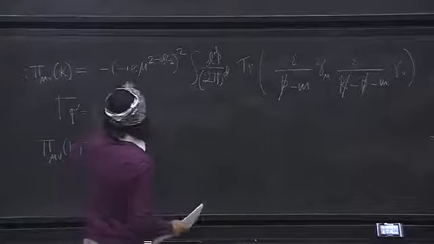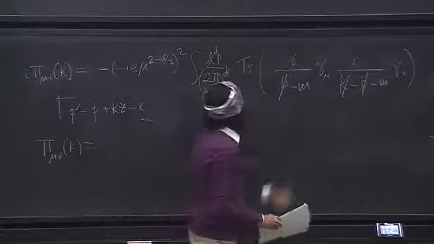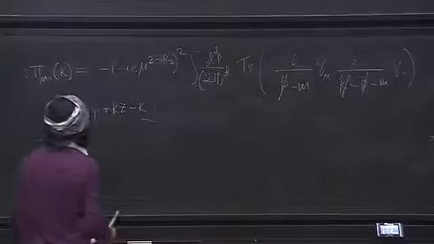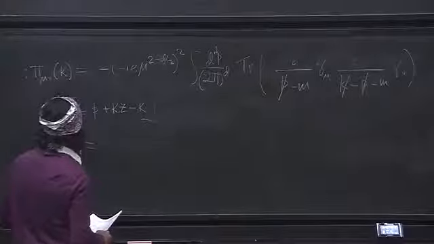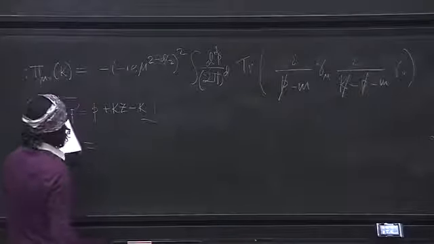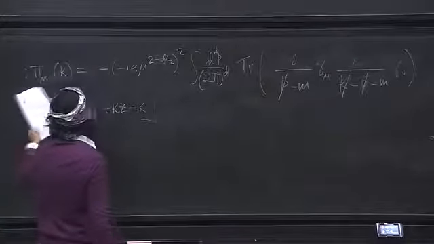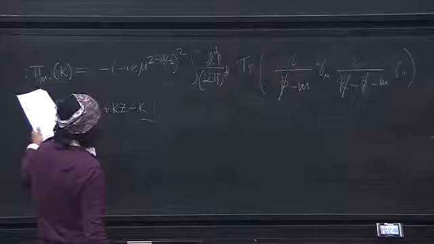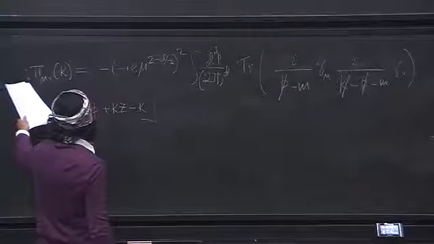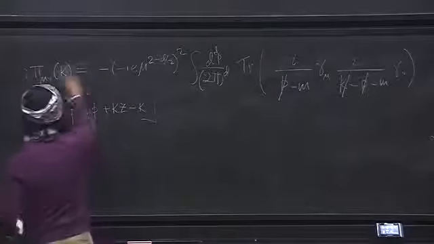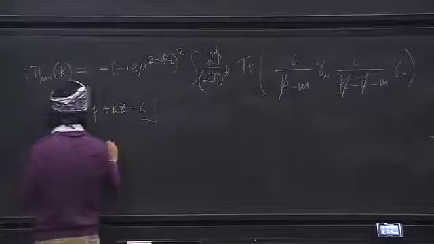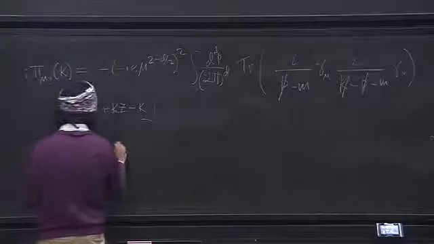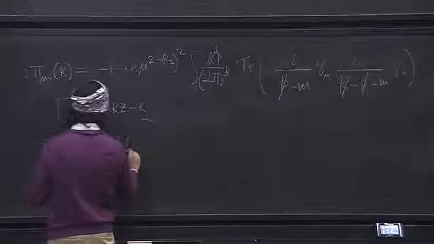So I think there are 4 i's on the right-hand side. They all cancel out, and then there's a minus sign, and there's an i here. So when you bring that i over here, it becomes plus i. Okay, yeah. So i e squared.